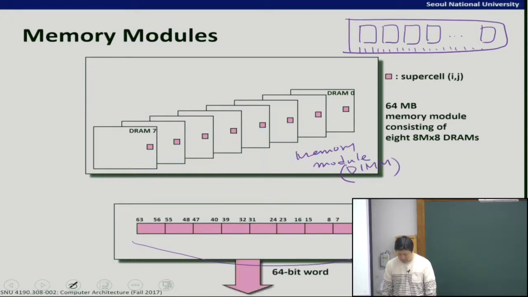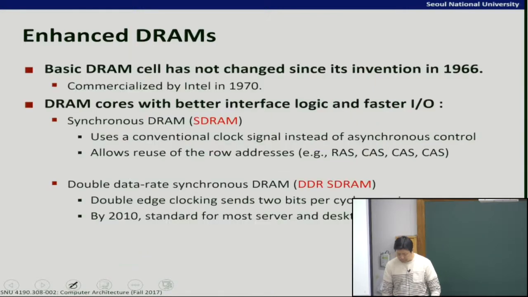And this one will be sent to the CPU like this. That's the structure of the memory module. And that's the basic operation, but there are multiple enhancements made to the DRAM device.